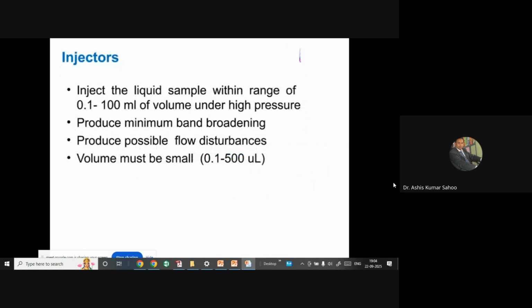Injectors inject the liquid sample. Another part is the injection site, where a liquid sample within the range of 0.1 to 100 ml of volume is introduced under high pressure, which produces minimum band broadening and minimum possible source disturbance.